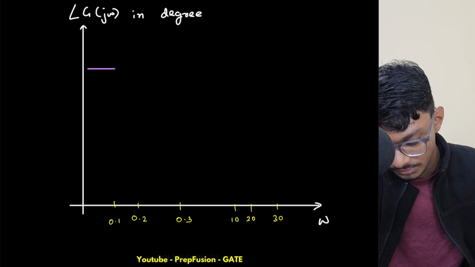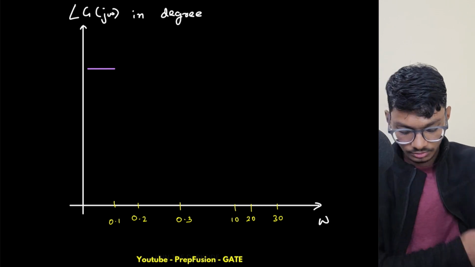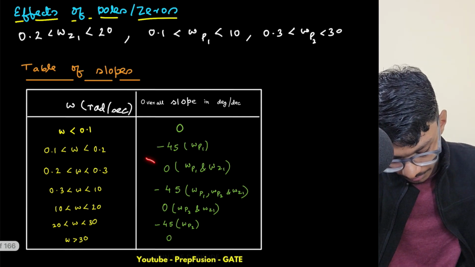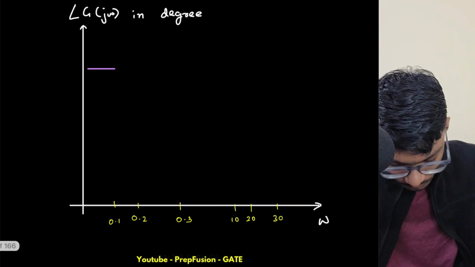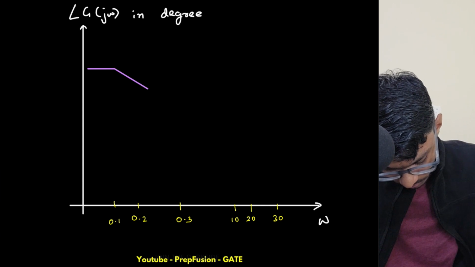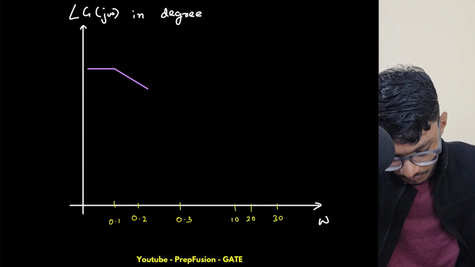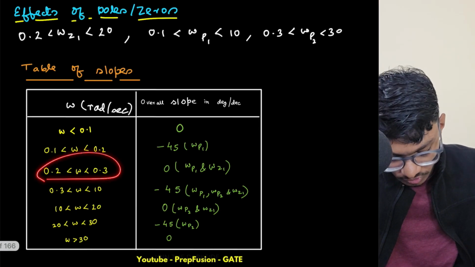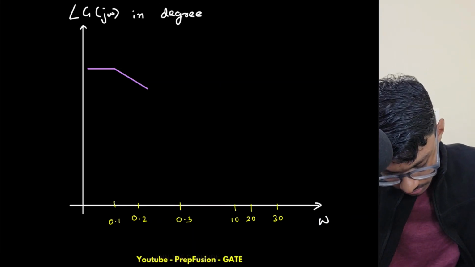Okay, so what is happening here? Now this is 0. From 0.1 to 0.2 I have a slope of minus 45. Now from 0.2 to 0.3 I have a slope of 0, so it will be constant.